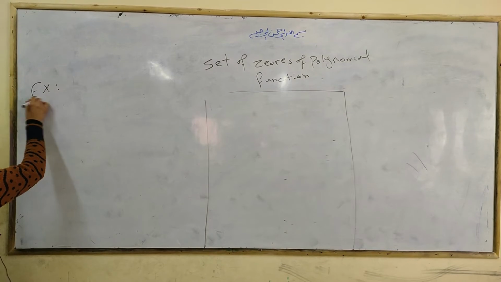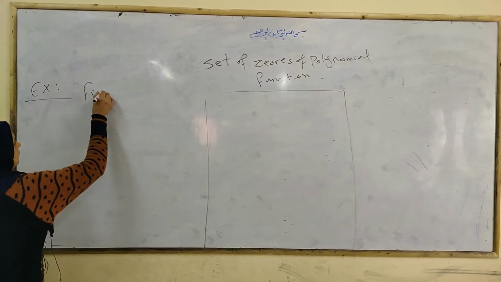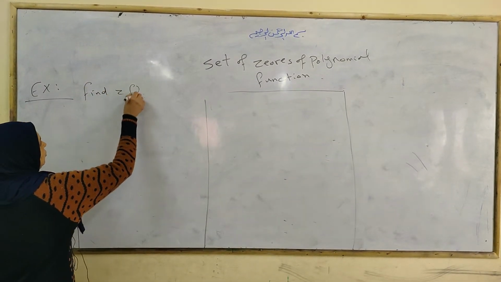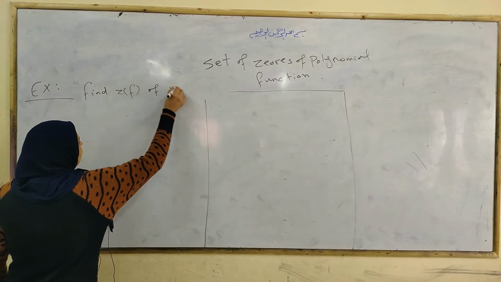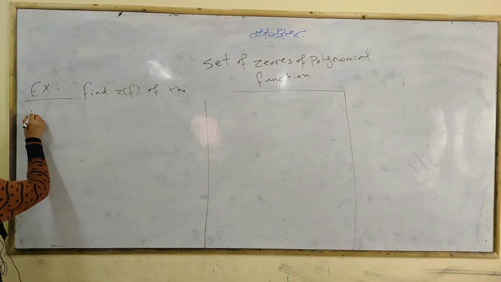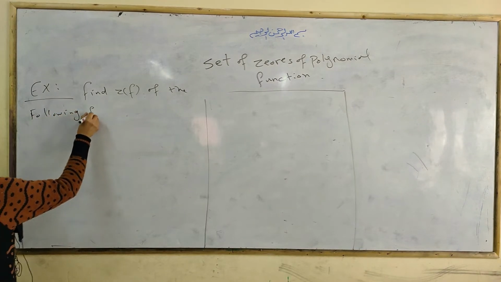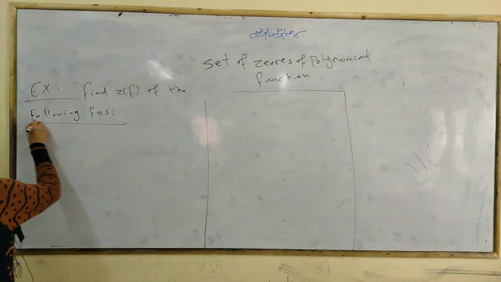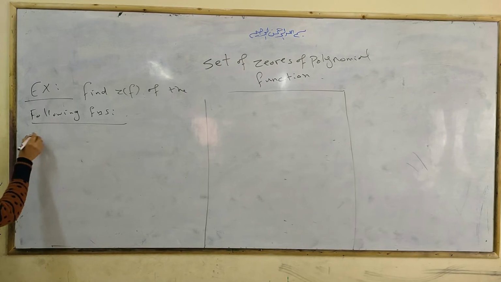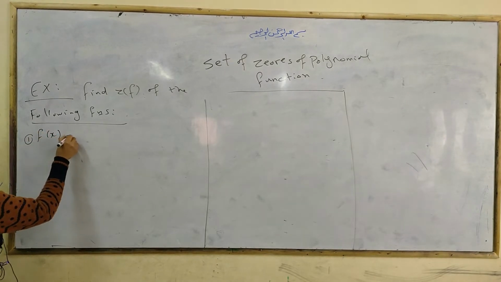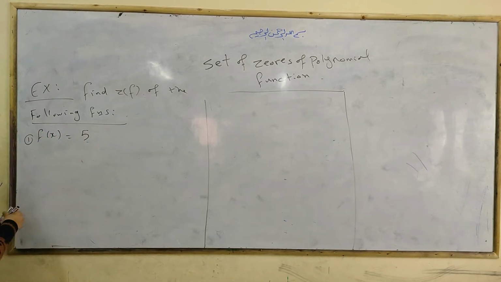Example, find Z of f of the following functions. Number 1, f of x equals 5.